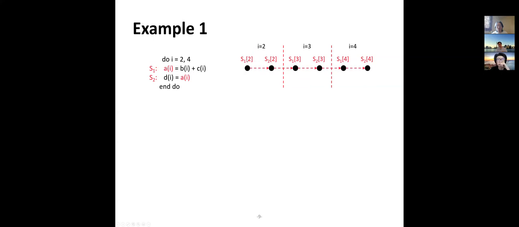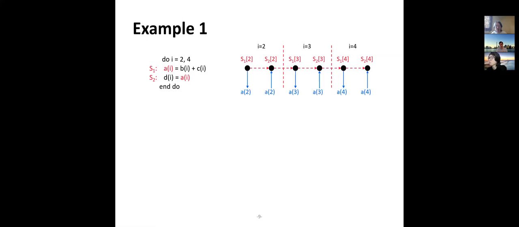For different iterations, you had allocation in the code and you had the value that you computed in each iteration. So you had S1 with index 2, S1 with index 3, S2 with index 3, and so on. This separator shows the separations between loop iterations. What we care about is this A[i] here versus A[i] here.